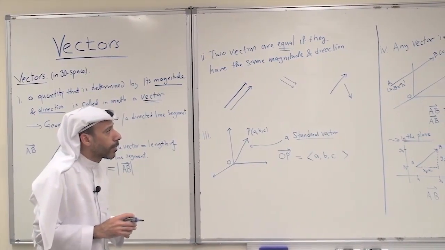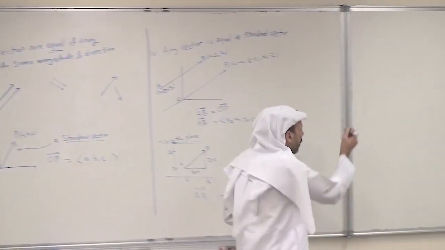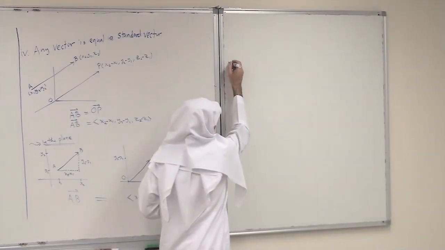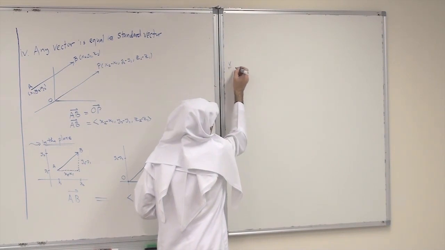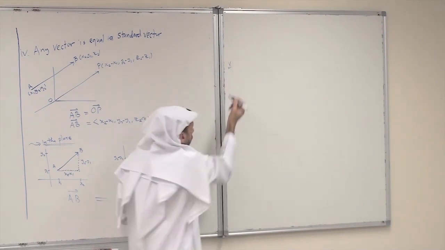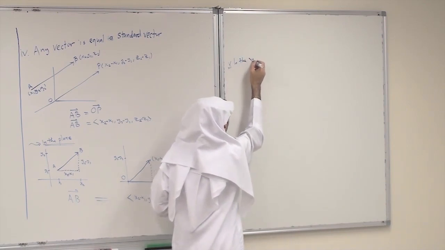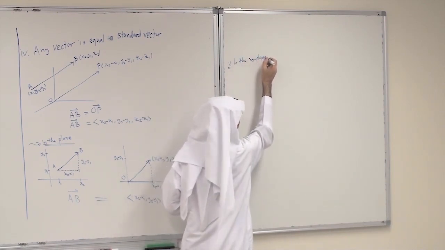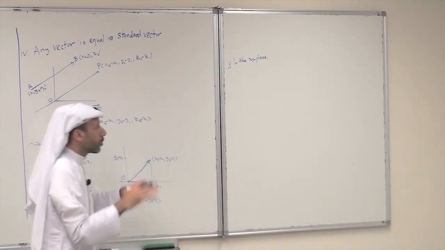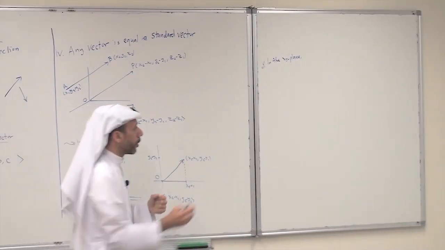The fifth point here about vectors deals with the xy plane. So just restricting ourselves to the plane.